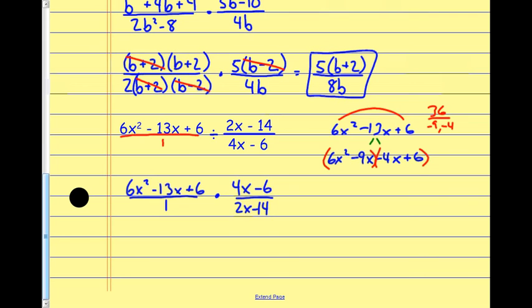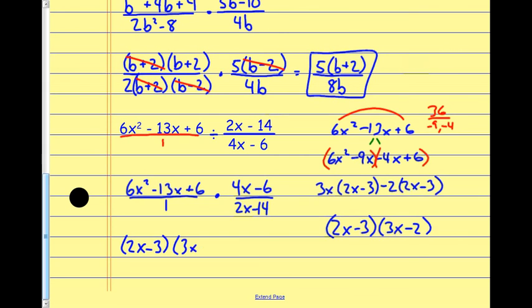Out of the first two, I can factor out the 3x, which leaves me with a 2x minus 3. Out of the second two, I can factor out a negative 2, which leaves me with a 2x minus 3 as well. So right away, I can see my two factors of the 2x minus 3 and the 3x minus 2. So taking this back over here, that's a 2x minus 3 and a 3x minus 2. That whole thing is still over 1.